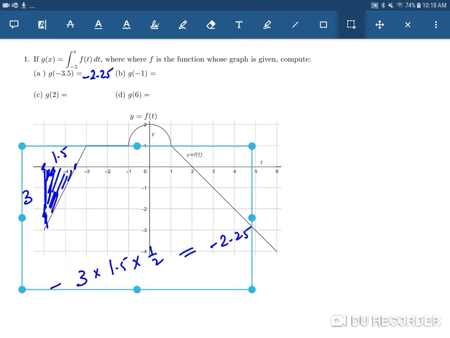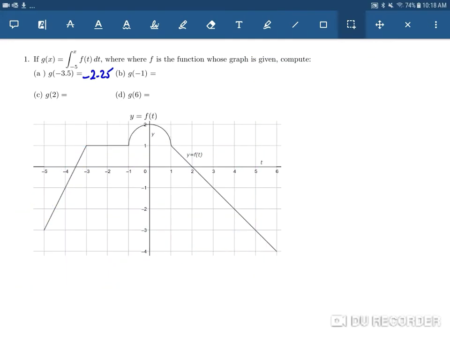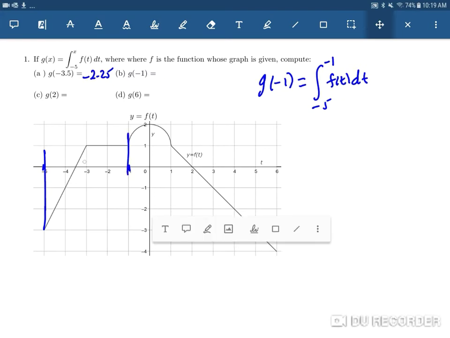Okay, clean this guy. And we're going to continue that way to calculate the other ones. G of -1 is the integral from -5 to -1 of f of t dt. So -5 is here, -1 is here. So we want to find the net area from -5 to -1. And one thing I see is this little triangle has the same area as that little triangle.